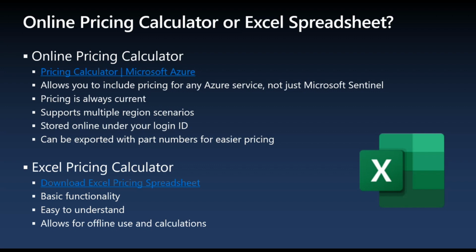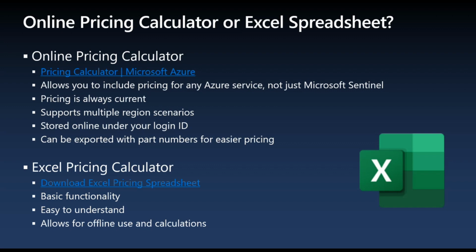If you're working with a customer and they have a lot of Azure work that they want to do, and Sentinel happens to be one of them, the online pricing calculator allows you to put all those things in the same set of calculations and present a single pricing outline to the customer without having to do separate ones for Sentinel and then your other tools.